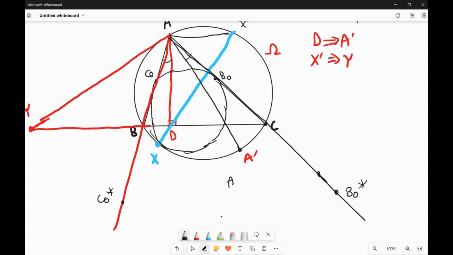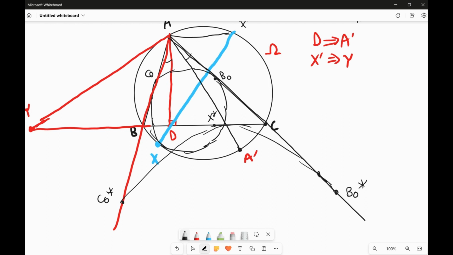And now we want the point X star on BC, such that C star, B star, C0 star, B0 star, X star is tangent to the segment BC. So let's go ahead and draw that in. Something like that.